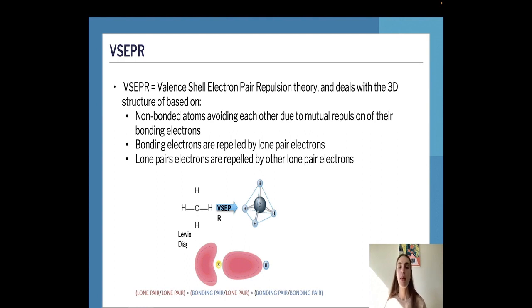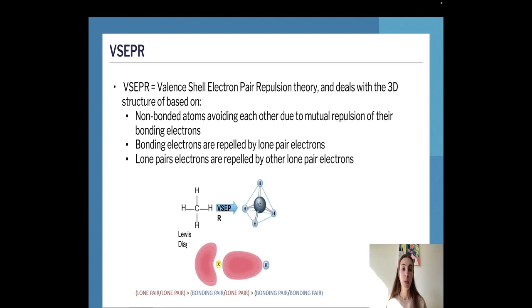This is talking about where certain non-bonded electrons don't want to be nearby each other, so they will evenly spread out because they're repelled by each other's electrons.